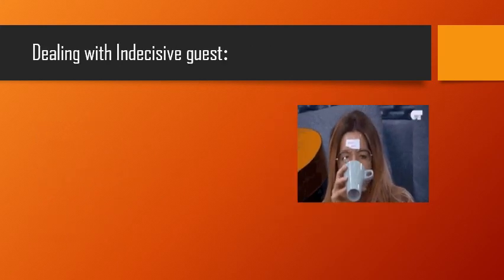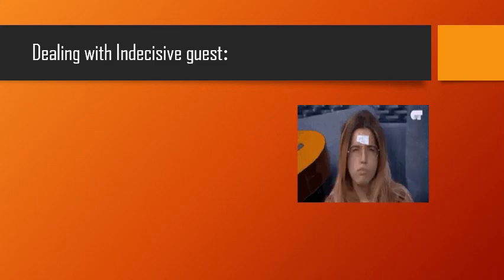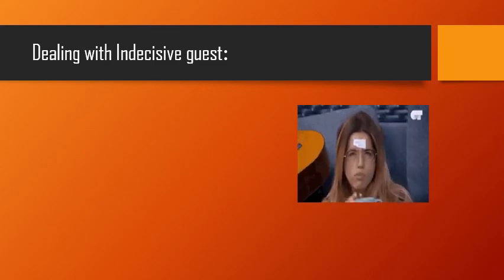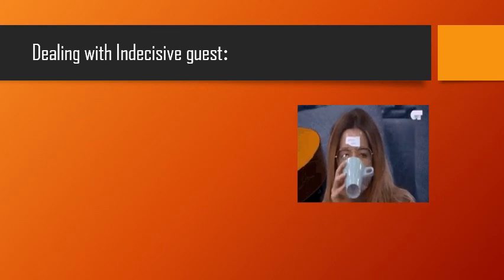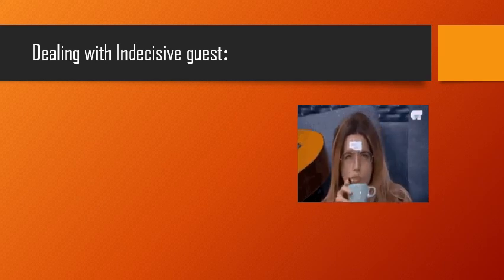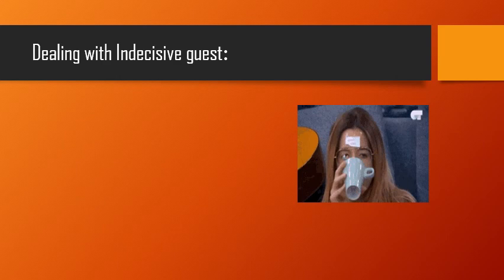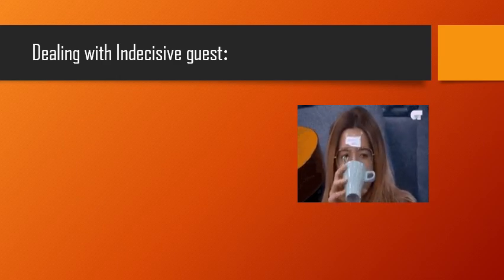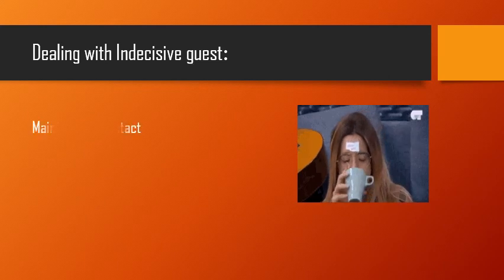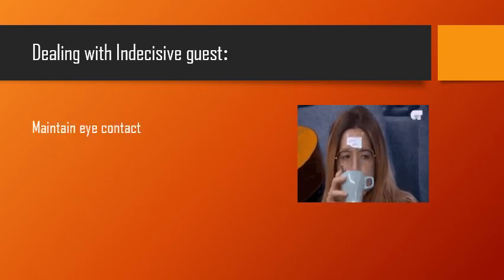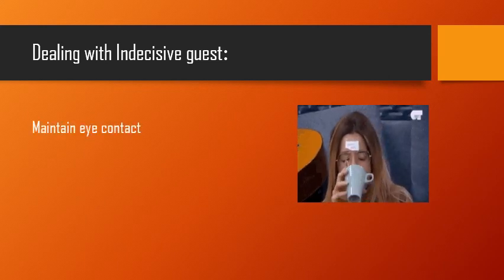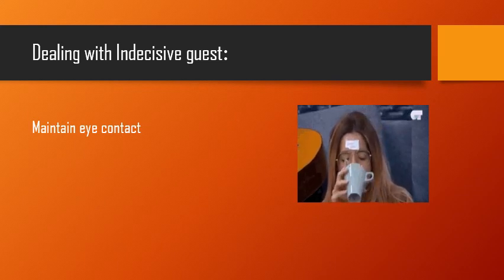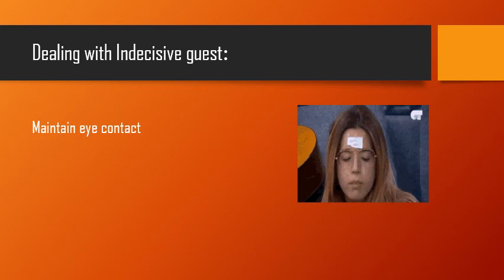Dealing with an indecisive or uncertain guest. These are very confused guests who are not aware of what they are really thinking or what they actually want, so you have to be very careful. Make eye contact so that he or she can feel that you are confident and can believe you.